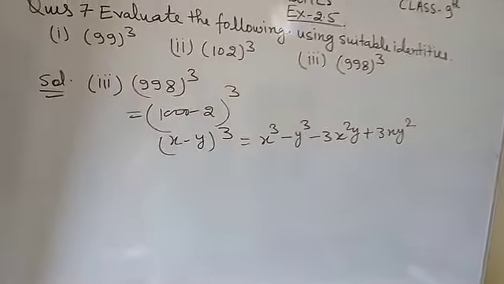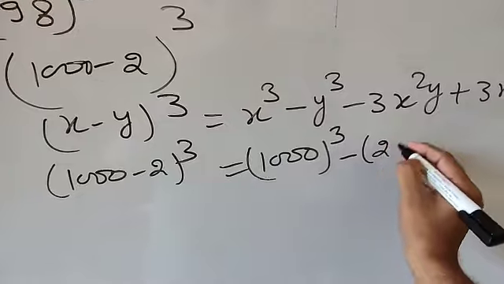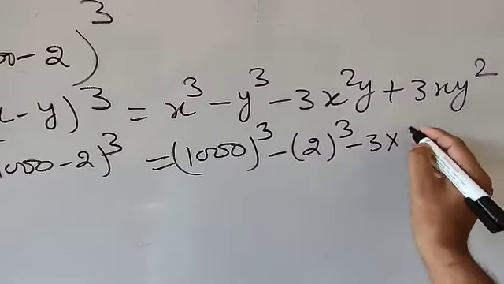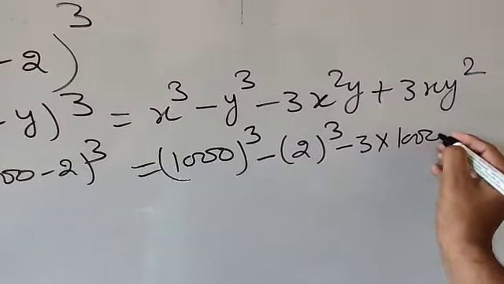So use that identity: x cube, it means 1000 cube, minus y cube, so minus 2 cube, minus 3x square y, so minus 3 into 1000 square into 2, plus 3xy square, so plus 3 into 1000 into 2 square. So I had used the identity to expand the 1000 minus 2 whole cube.